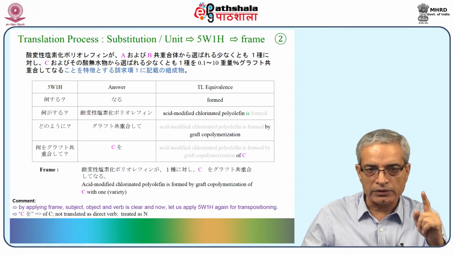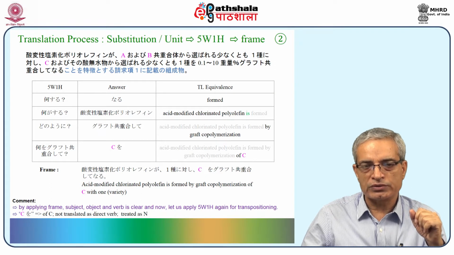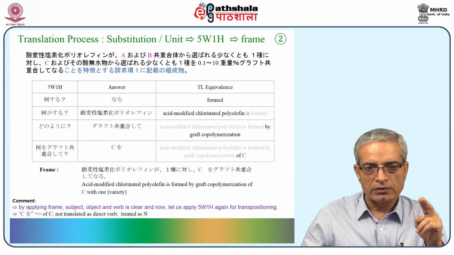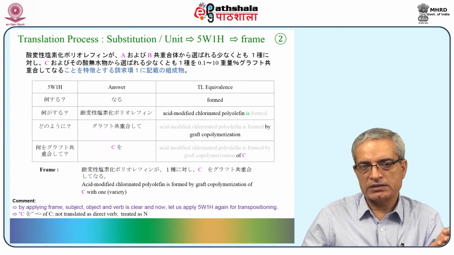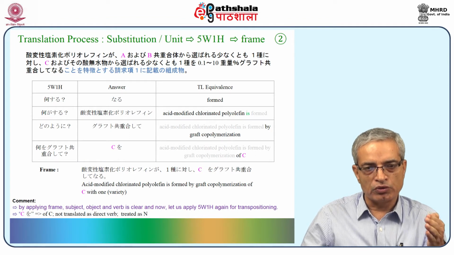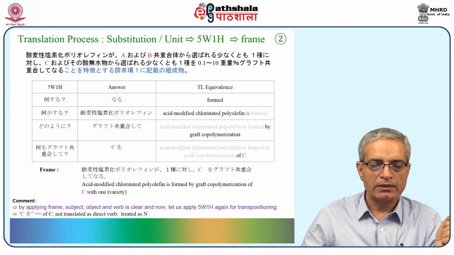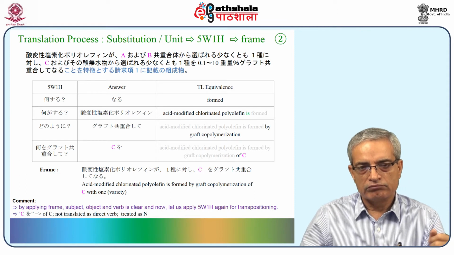So again, yes, can you read out the question? What does it do? What is formed? So you have to define: acid modified chlorinated polyolefin. In what way? By graft copolymerization. What is graft copolymerized?